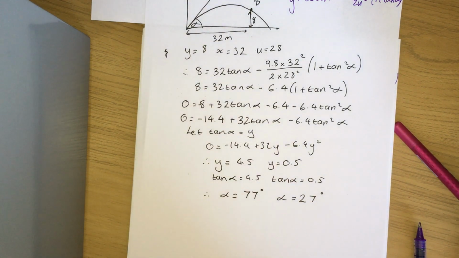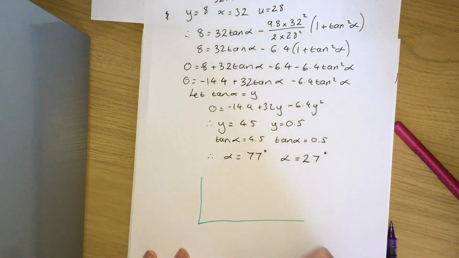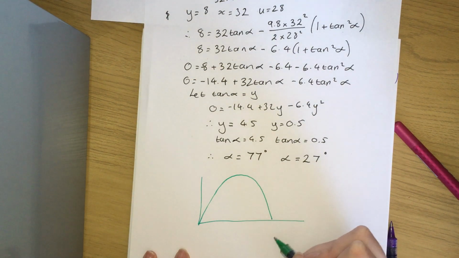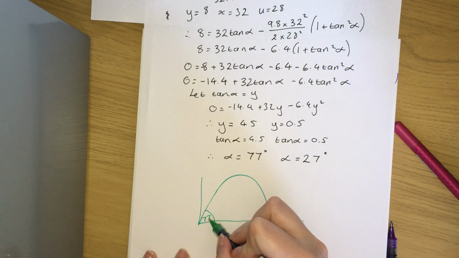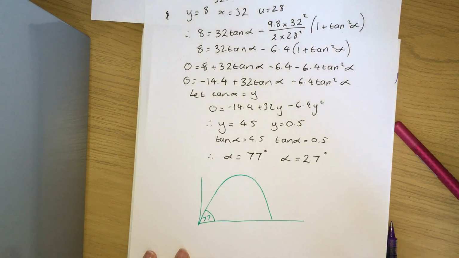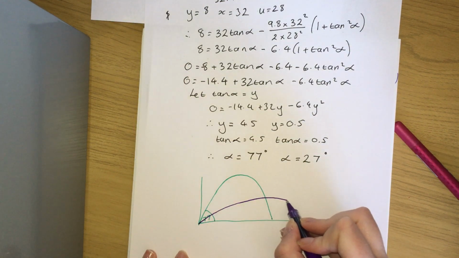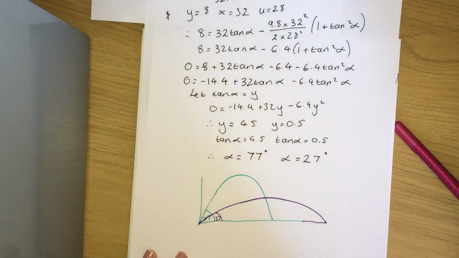It says find the two possible values of alpha, but for some of you that might be quite difficult in terms of conceptually what is it that we're finding. What it implies is that there are potentially two possible paths of projection. You either get a really steep path, so that initial path had quite a steep angle, let's say 77, or we have a much more shallow angle of projection like this, which may have been 27 degrees.